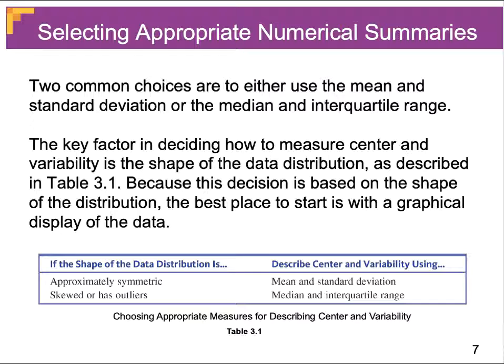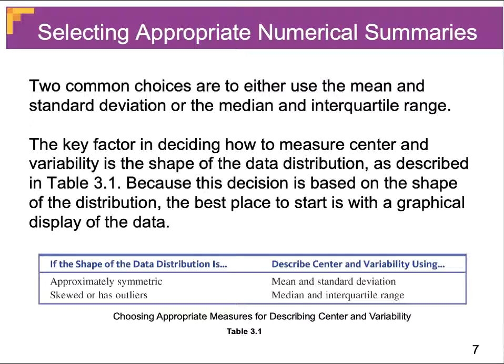If you have a skewed distribution or if there are some outliers, then you should use the median and the interquartile range. The reason that we do that is the mean and the standard deviation are calculated in such a way that each individual value is included in the calculation. So when you have a few values that are very different from the rest of the values, they're going to end up putting a lot of weight towards them and making the mean not reflect what most of the data set looks like.